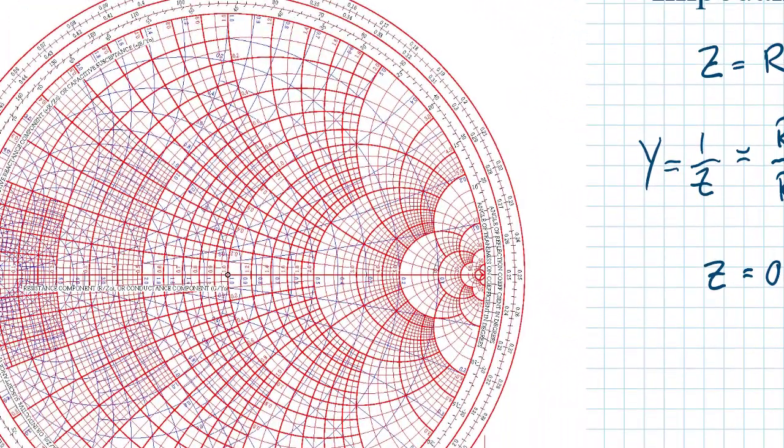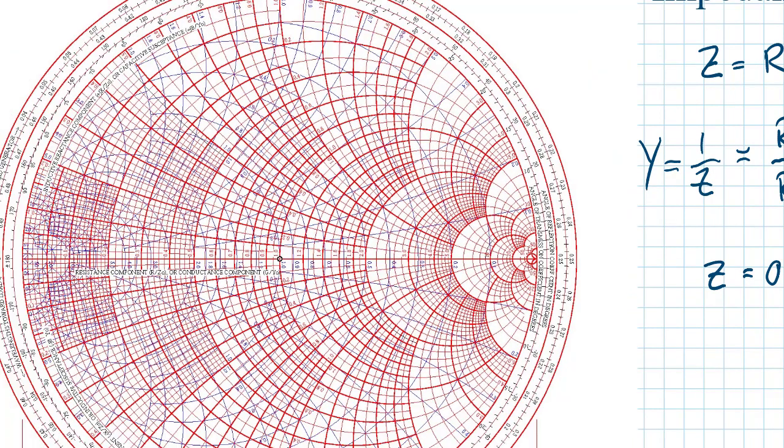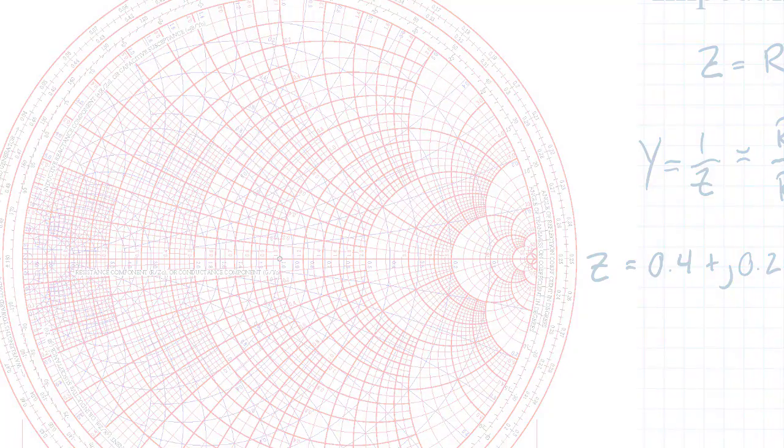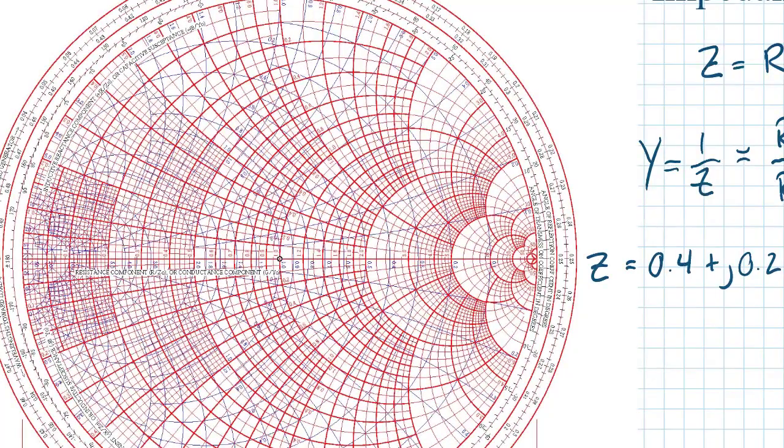My Smith chart's kind of bumping up against the left edge of the screen here, but let me take this value and move it over so we can keep an eye on it. There's our impedance.